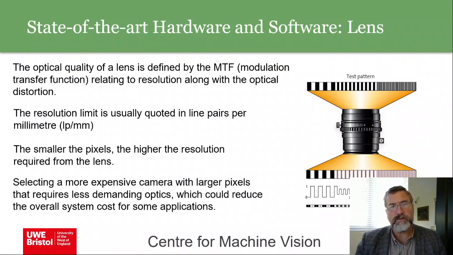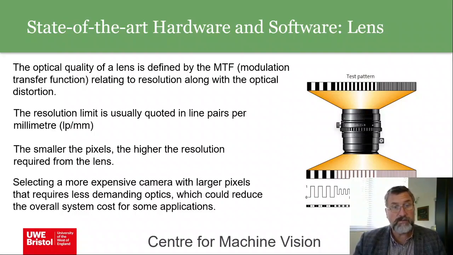It would be good if I could get that to you. I give that to students normally, and it's got a lot of information about practical considerations in relation to lenses and cameras. It's a very, very useful document. On the back cover, it's got test patterns for calibrating lenses, and that's why I mentioned it really.